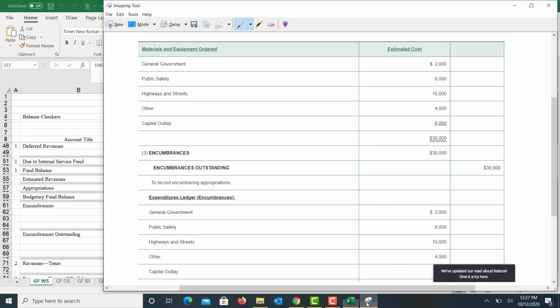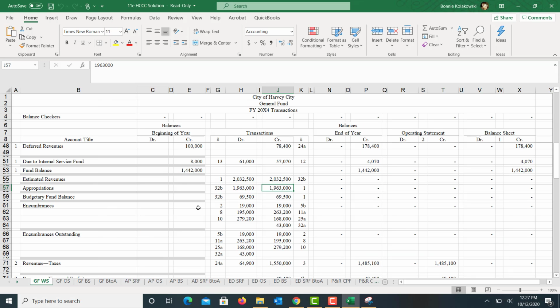So when I showed you the entry here a second ago, it shows that you could see that there's a debit to encumbrances and then a credit to outstanding encumbrances. So if you can see, here's my account, transaction number 2, 19,000 for Harvey City, and then here's your credit for outstanding encumbrances.